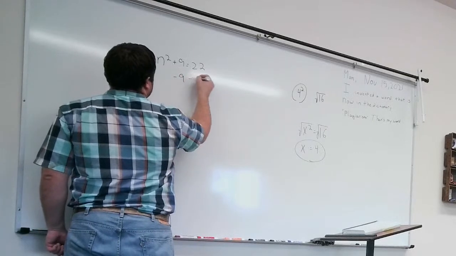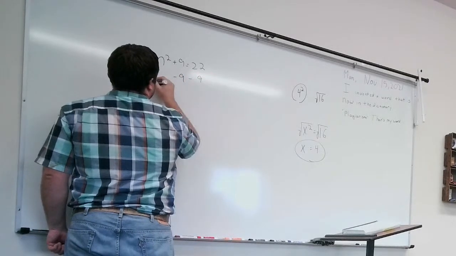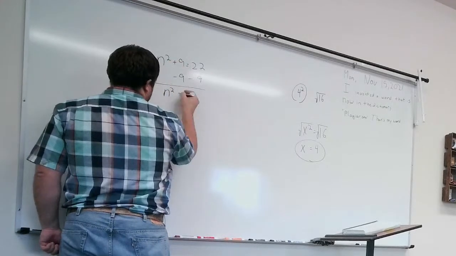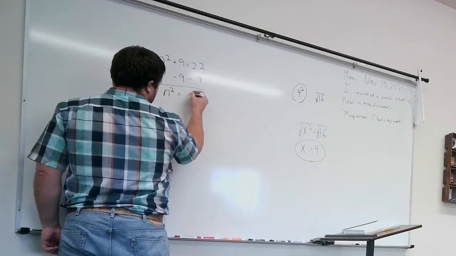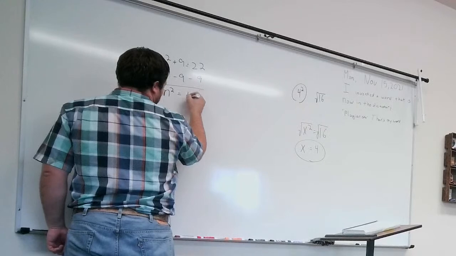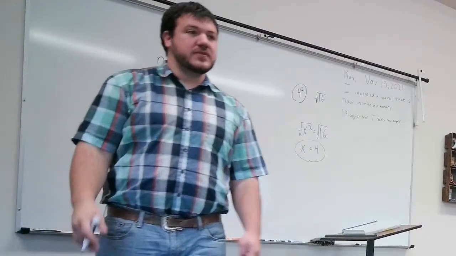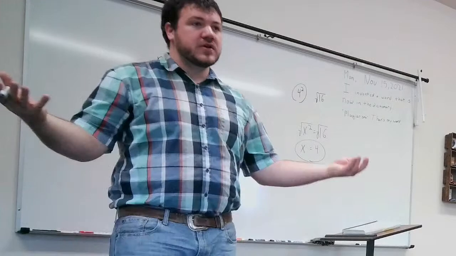Minus 9 on both sides, and that leaves us with n squared, don't lose your little 2 up here, n squared equals 13. It's still not simplest form because we have our n squared.